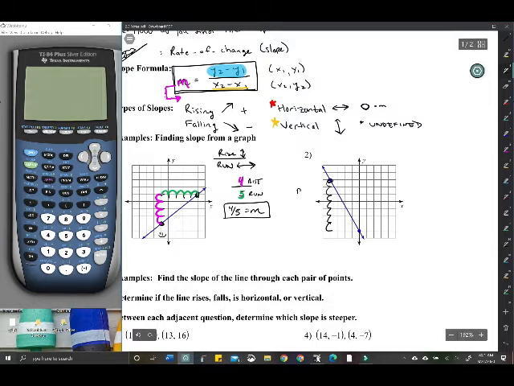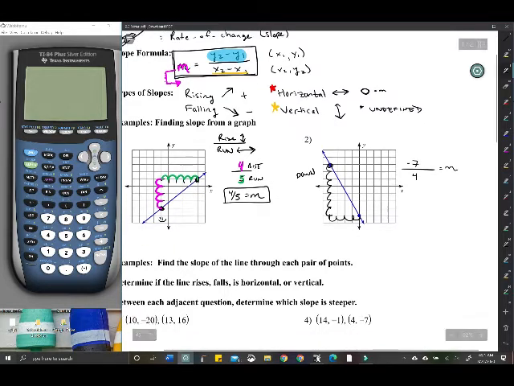And since it's down, we're going to think it's -7. Then we go to the right, 1, 2, 3, 4. Since it's already down, you don't need to do a -4. The fact is it's -7 over 4.